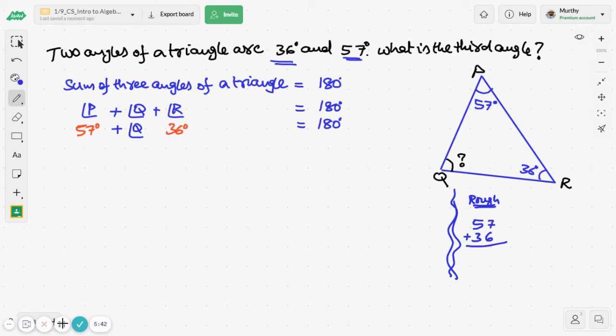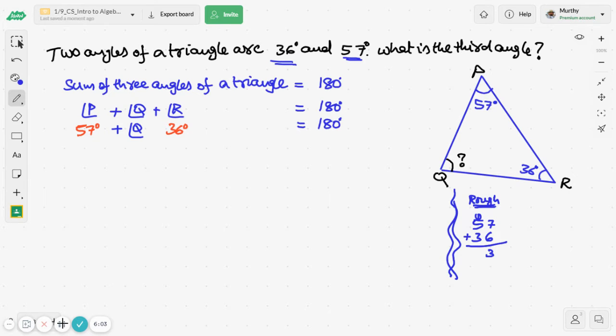When you sum up, what will be the result? 57 and 36. What is the sum of these two?